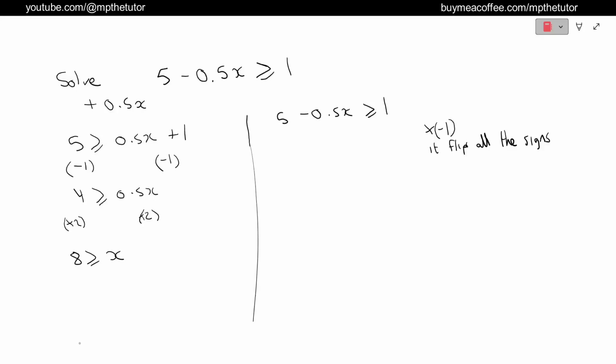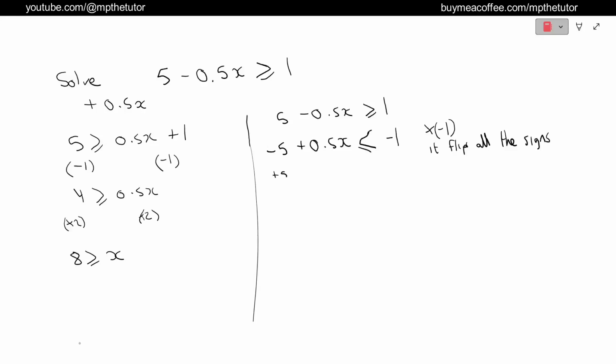So the 5 becomes a minus 5 plus 0.5x, but then the arrow also flips its direction. So instead of being that way around, it goes backwards on itself and flips like that. And then the 1 becomes minus 1.